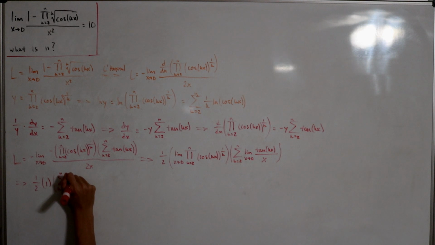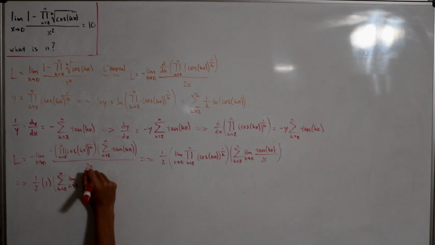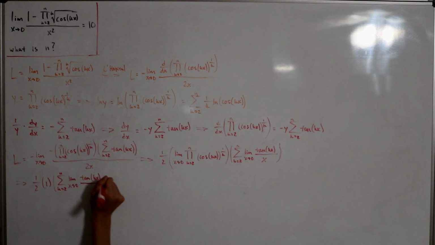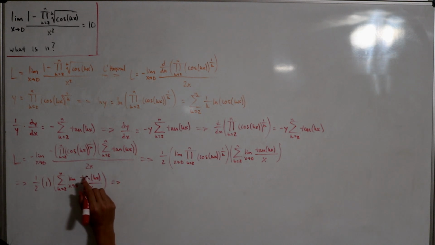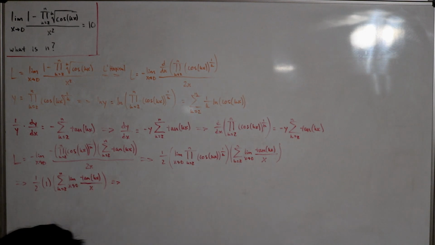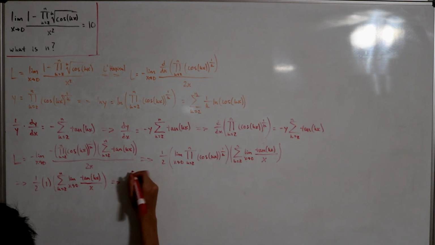Now we haven't evaluated the limit on this one yet, so tangent kx divided by x. And the next step here is I'm actually going to multiply and divide by a k. Okay, let me just rewrite this first.